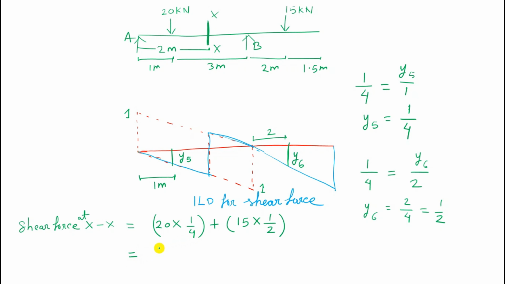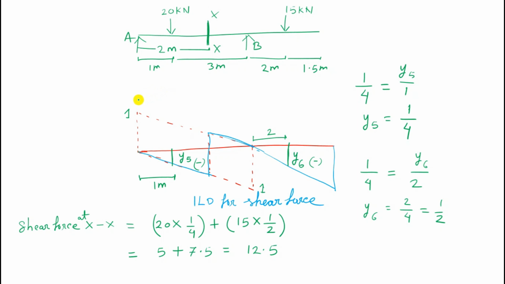So this is 5 plus 7.5. So the answer is 12.5. And this negative sign indicates the shear force value will be negative shear force. So actually the shear force will be the negative shear force.